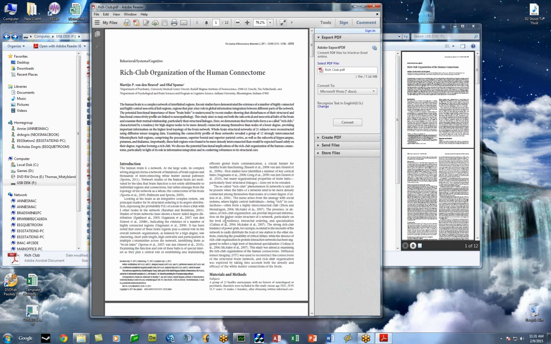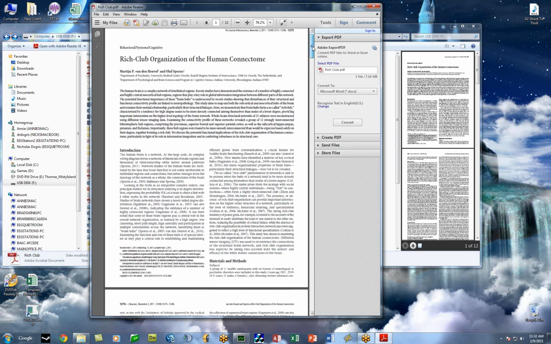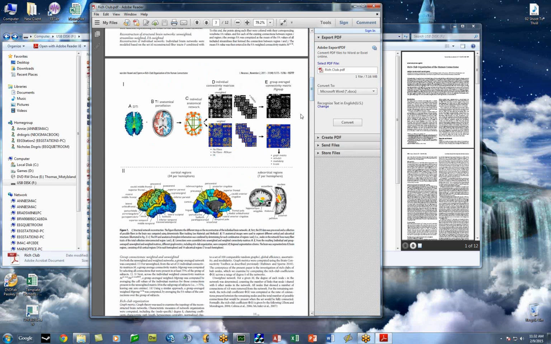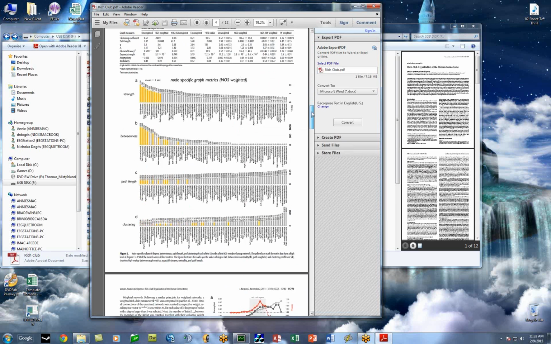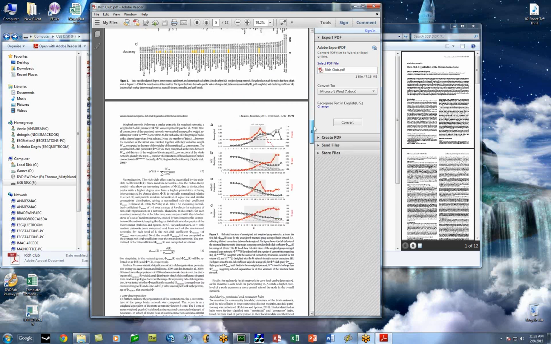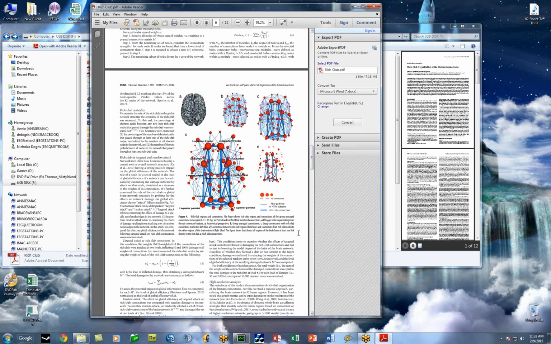I really like this stuff. It's going over a lot of information that we need to start thinking about, because we're definitely going to be influencing it with these cross-frequency coupling protocols. But there's our Rich Club right there.